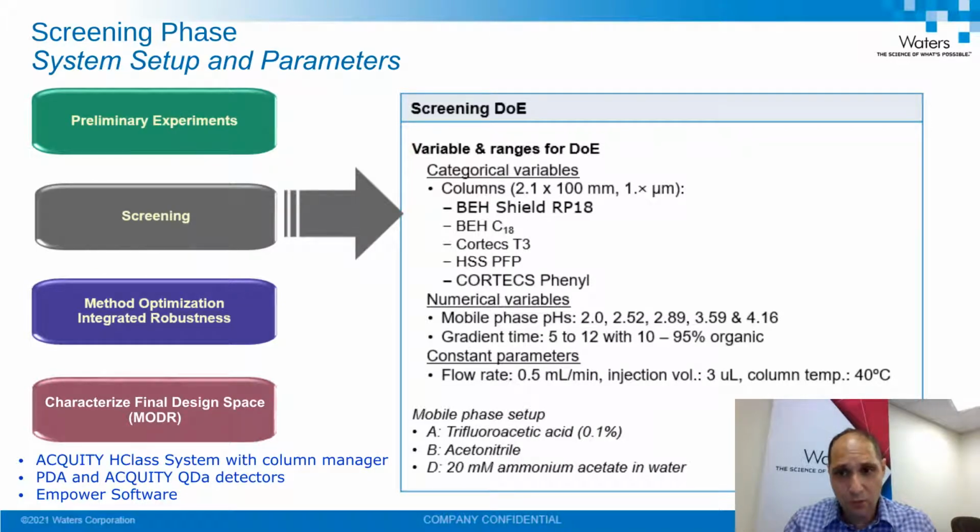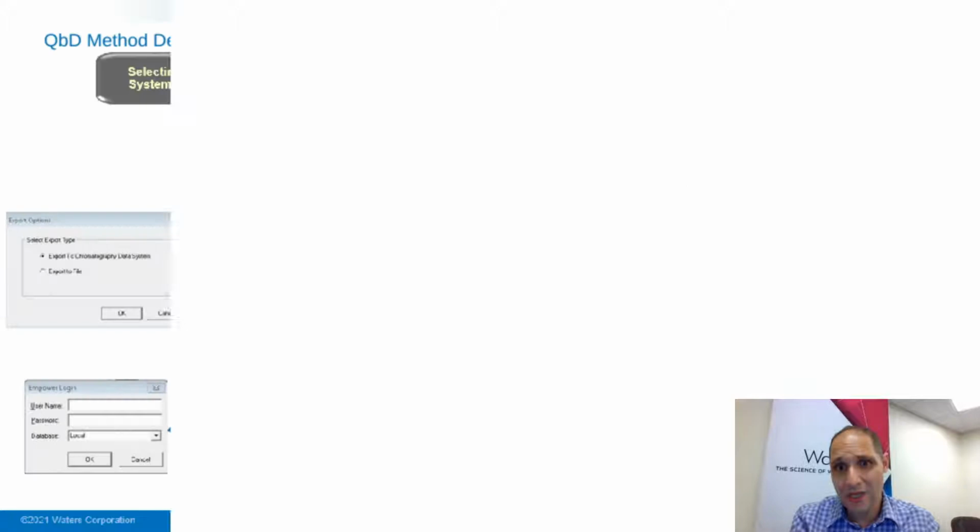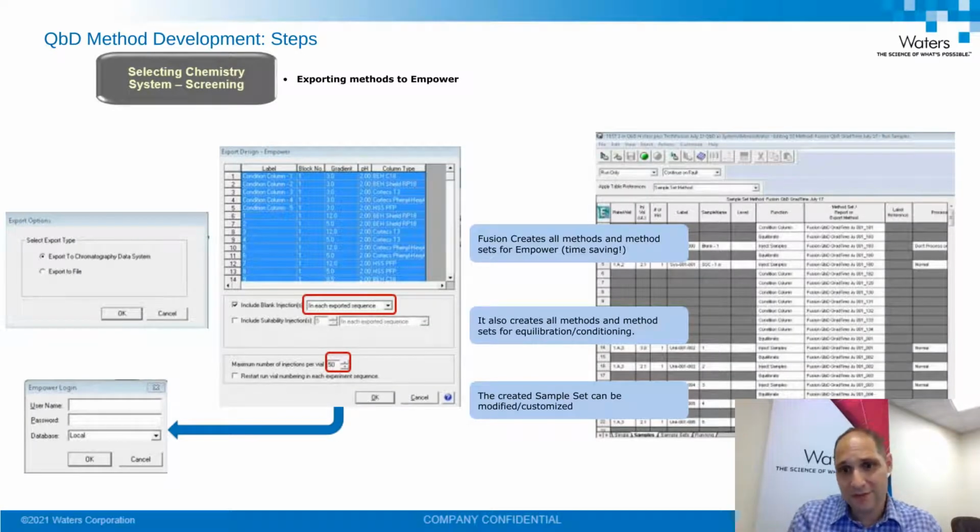And the column oven temperature was also constant at 40 degrees Celsius. The goal here was to keep the number of experiments manageable, so you get the most reliable results out of Fusion when you cap the number of experiments at 40 or 50.